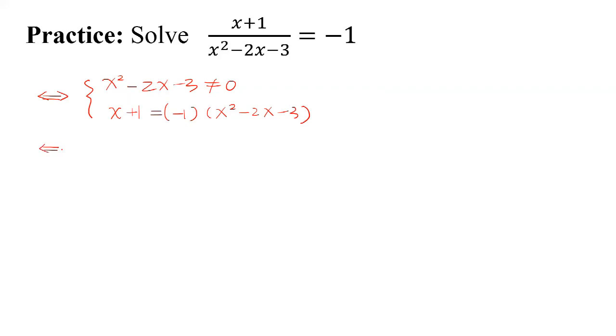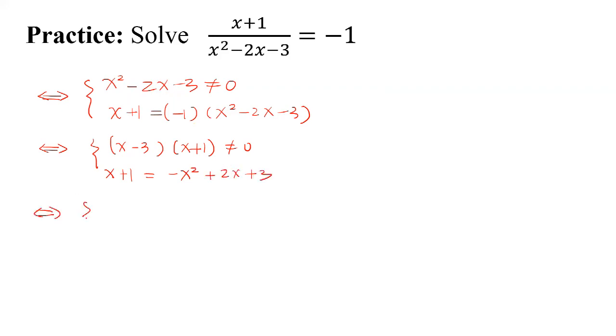Okay, and next, first of all, control the domain. X squared minus 2x minus 3 is x minus 3 times x plus 1. This cannot be 0, right? Next, let's expand and simplify. So x plus 1 equals minus x squared plus 2x plus 3, right?